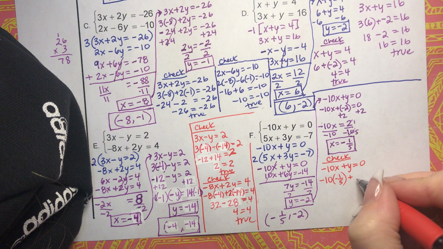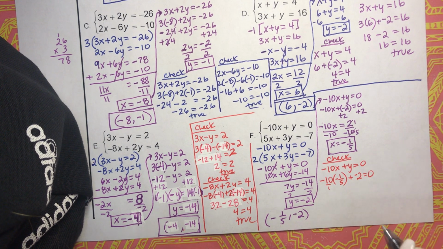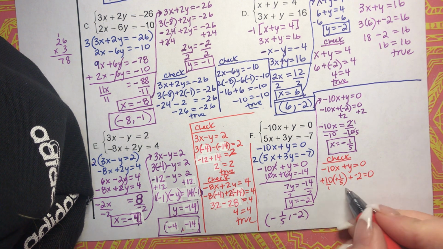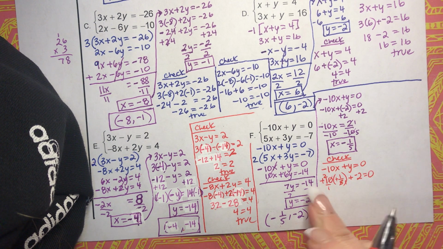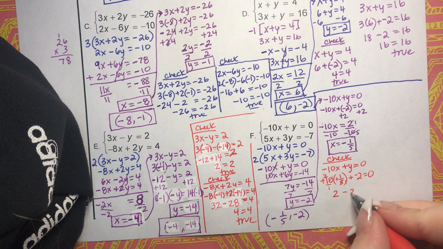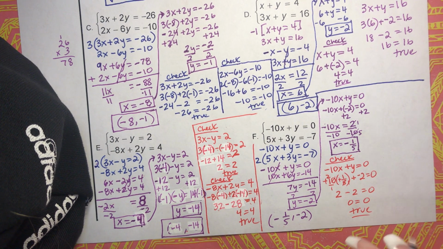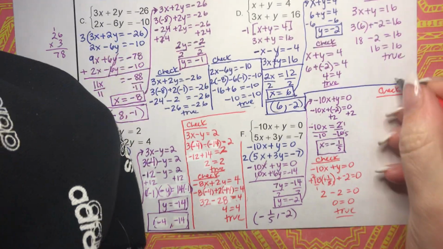Plus y is negative 2 equals 0. So make this 10 over 1. We're multiplying fractions. Negative times a negative is a positive. Cross cancel. 5 goes in there one time. 5 goes in there 2 times. Multiply across. It basically just ends up with 2. Minus 2 equals 0. Nice. True statement.